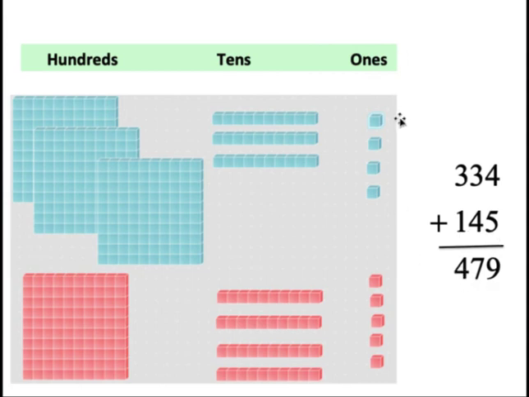We're starting with the little guys first. Altogether we have 4 plus 5, we have 9 units. We have 3 plus 4, we have 7 rods. And we have 3 flats plus 1 flat, we have 4 flats, 479.